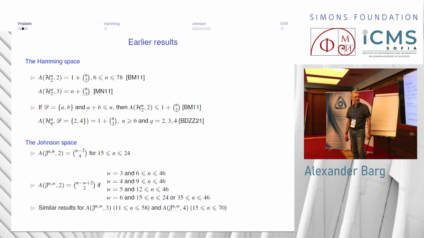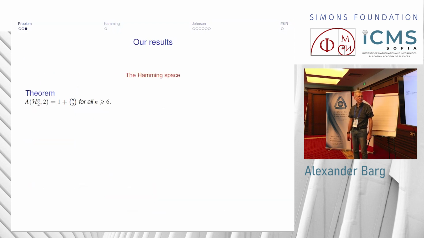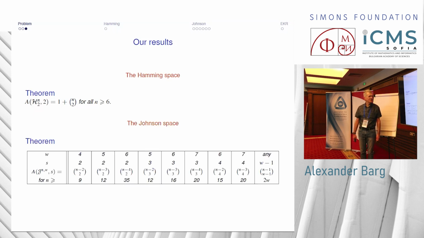Right. So let's see what do we get. We prove that in the Hamming space, the largest codes with 2 distances are of that size for all lengths 6 and more, well, maybe it's okay not to have 5 and 4. And then for the Johnson space, we can do the following.